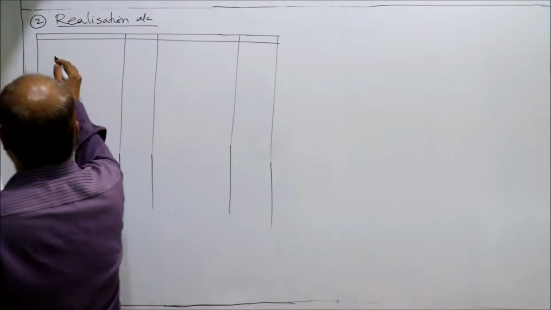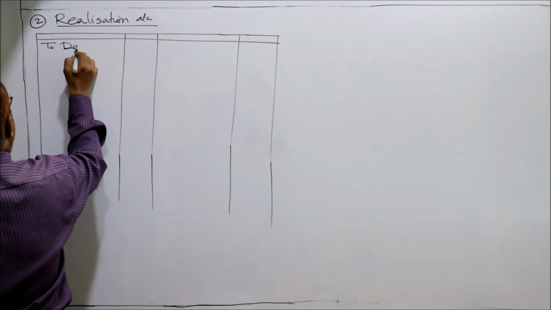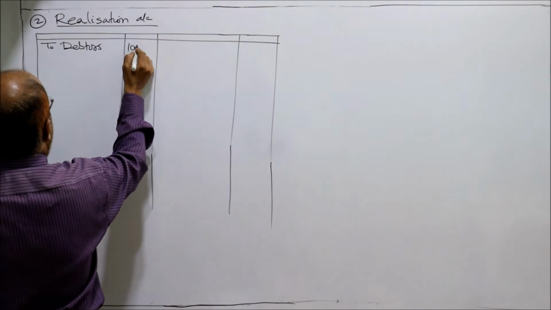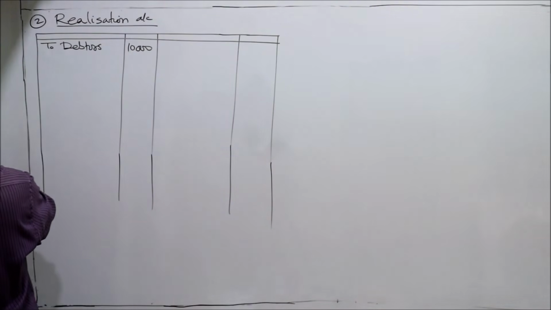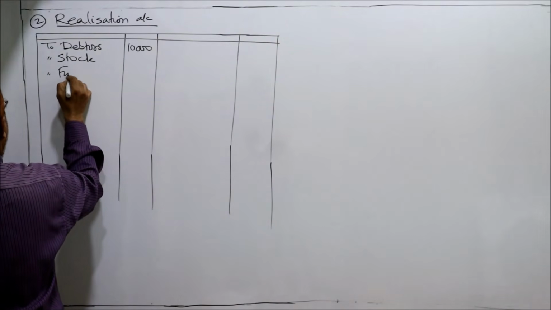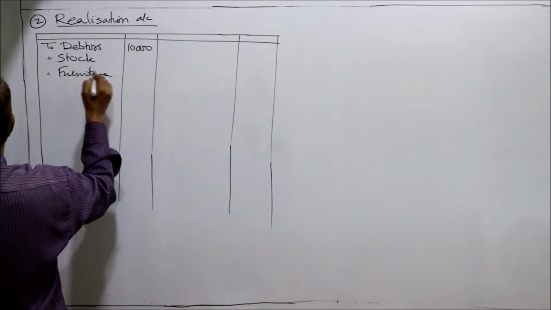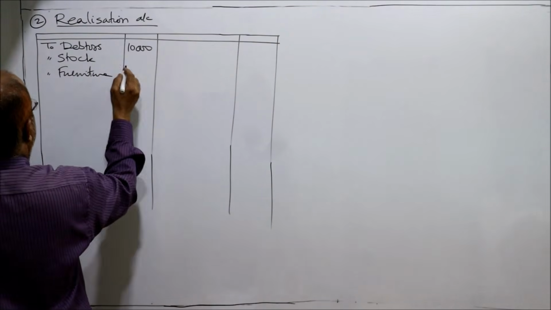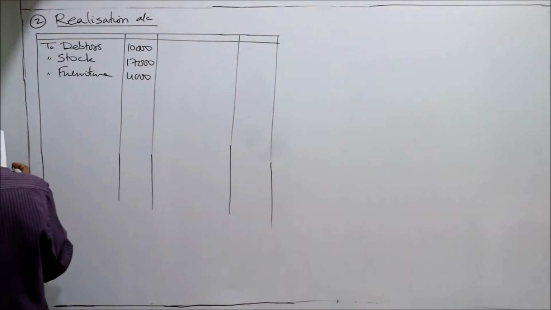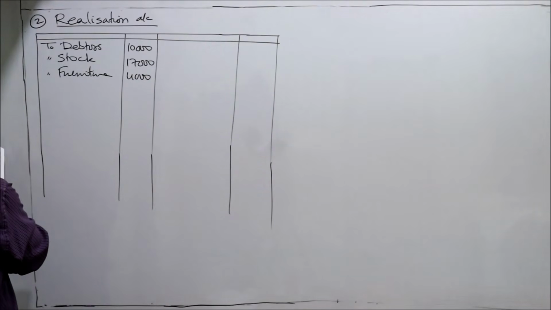Debtors are there. How much are the debtors? 10,000. Then we have to stock, to furniture. Stock is how much? 17,000. Furniture is 4,000. So debtors, stock, furniture.